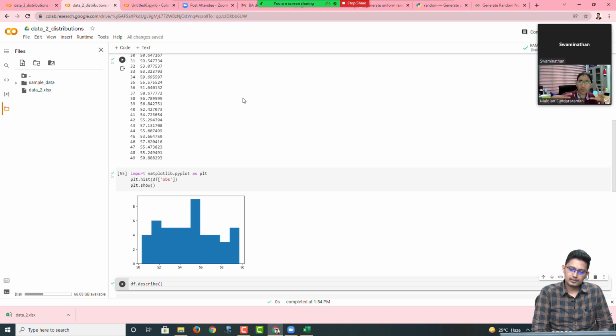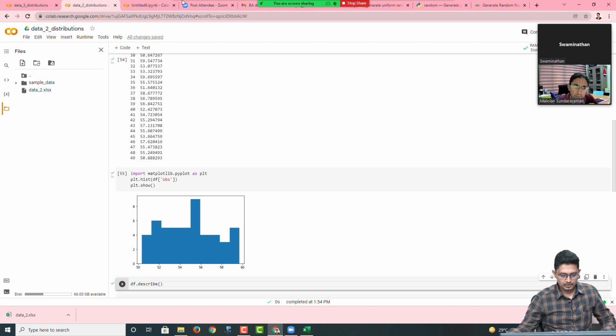So what you can basically say is, again, non-Gaussian, somewhat symmetric, but can we conclude something about it? Nothing more. We can only say that it is somewhat symmetric in nature and it's non-Gaussian in nature. So it could be anything. It could be a Poisson, it could be a uniform, it could be some other distributions, and so forth. So that is all we can do from this particular histogram.